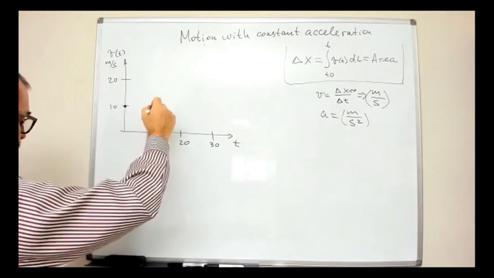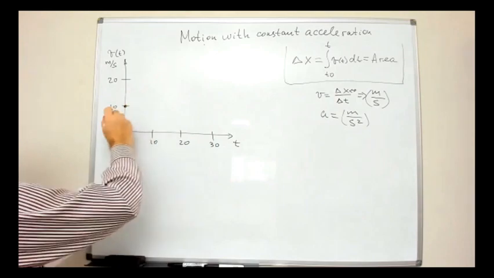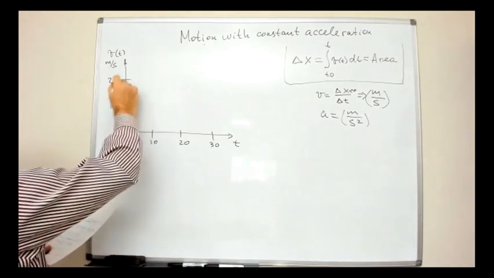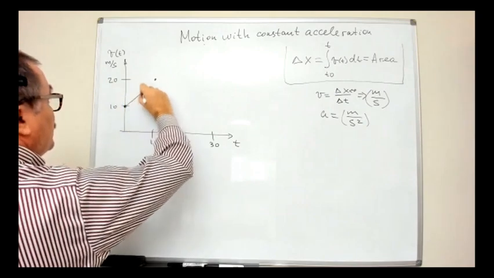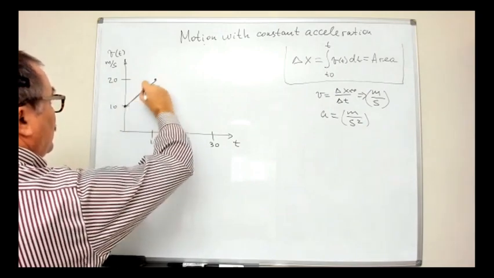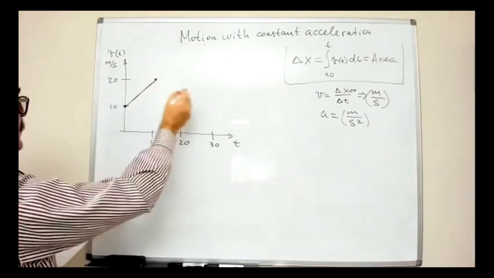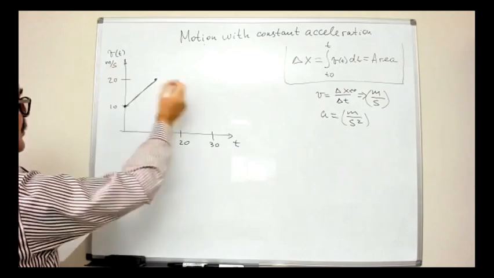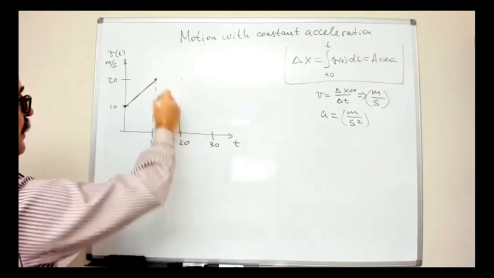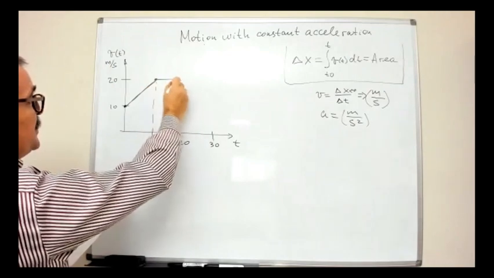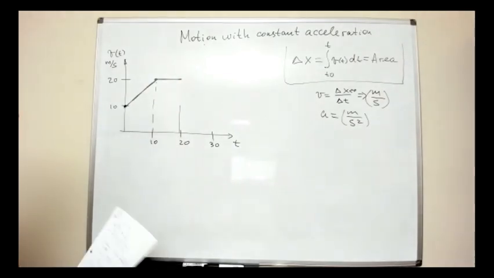In the first 10 seconds, the object accelerates from velocity 10 meters per second to 20 meters per second to this point, with the constant acceleration like this. And then for the next 10 seconds, the object moves with the constant velocity 20 meters per second. And that's the other part of the motion.